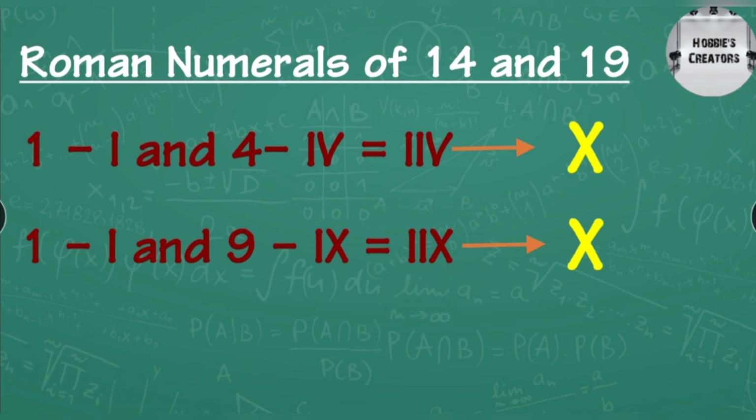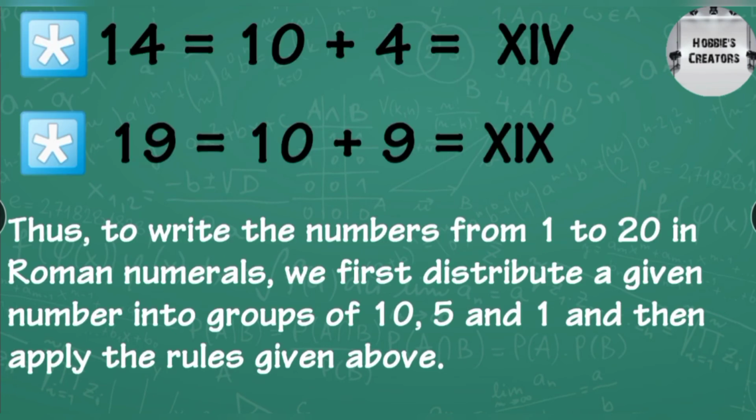So now we can move on to the correct method. Here you can see the correct method. So the number 14. So first it is expanded. Expanded means we are expanding the number 14 as 10 and 4. So 10 plus 4, which is nothing but 14. So now you know the value for 10, right? What is the Roman numeral for the number 10? Which is nothing but X. And 4 is IV.